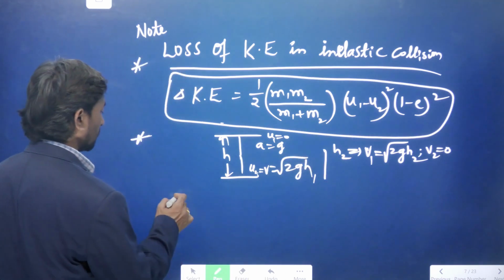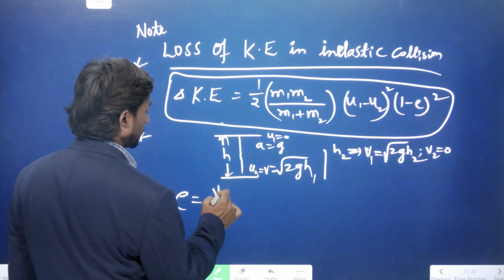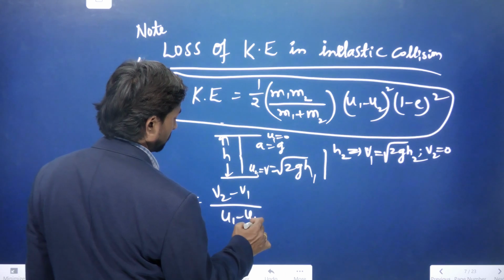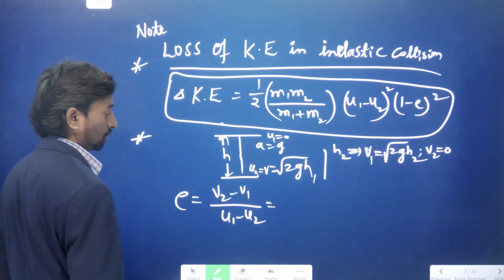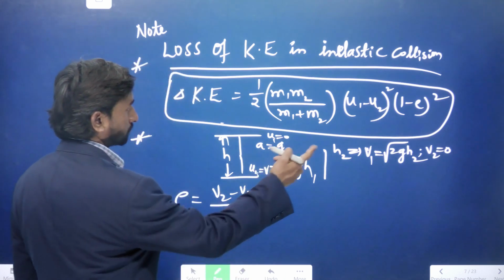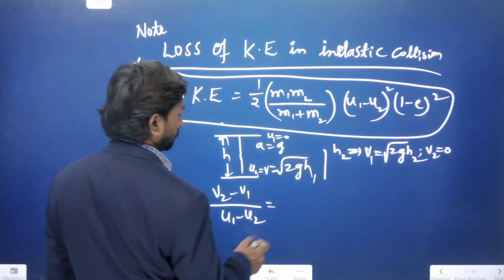Now if you write the formula, e is equal to v2 minus v1 divided by u1 minus u2. What is v1 here?